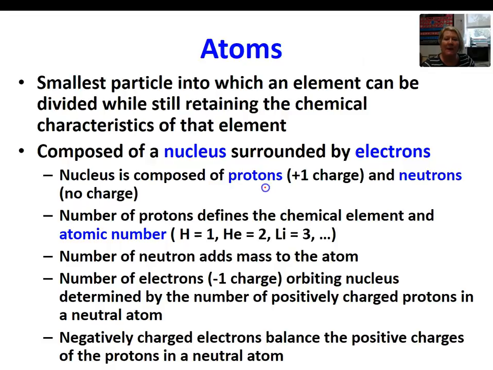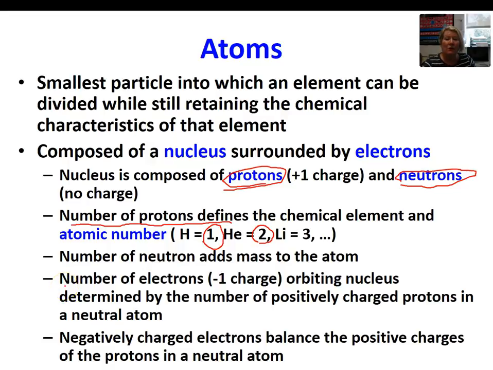The nucleus contains protons that have mass and a +1 charge, as well as neutrons that have mass but no charge. All of the mass, or the majority of the mass, is sitting in the nucleus of an atom. The number of protons tells us what element we have. For example, atomic number 1 is always hydrogen. Hydrogen always has 1 proton. If it has 2 protons, it's not hydrogen, it's helium.